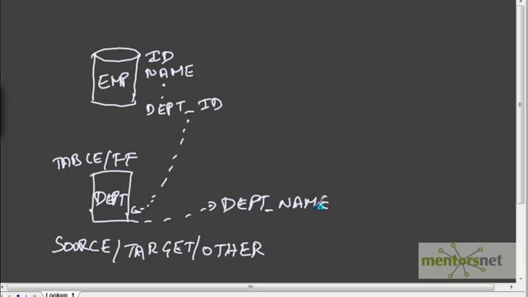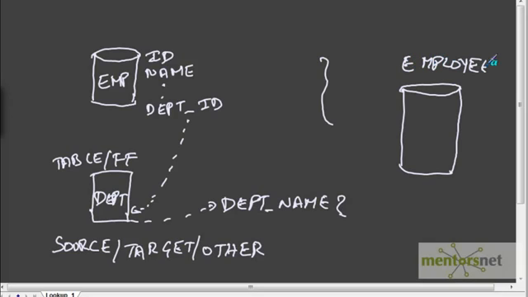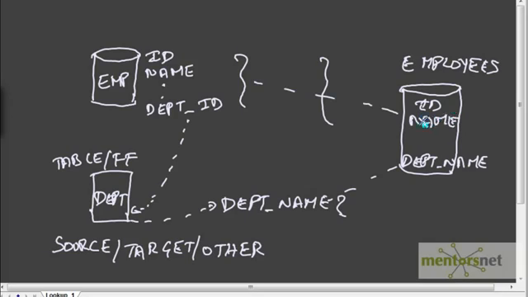Finally we will get all these fields from employee and this one from a lookup, and then we will populate the target table, which is employees, and it will have the department name as well from the lookup table. So let's see how to do that.